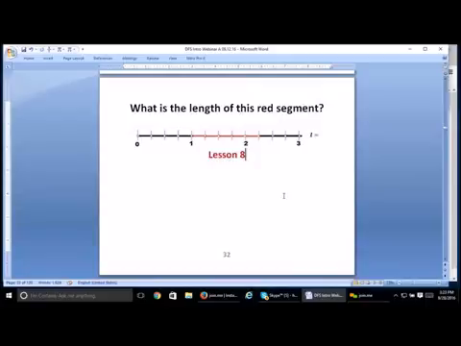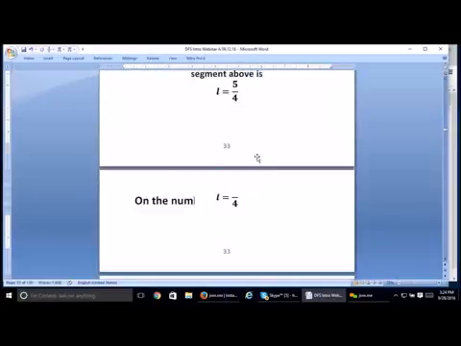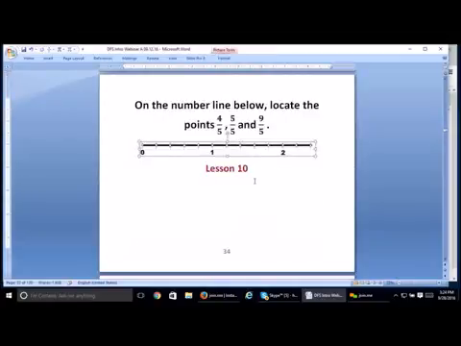Now, this is lesson 8 here. So we have skipped a number of the introductory lessons before students can do what I just showed you. They're also asked in lesson 10 to locate the points here. So for example, to locate 4/5, so the segment from 0 to 1 is broken up into 5 parts, 1, 2, 3, 4, 5.